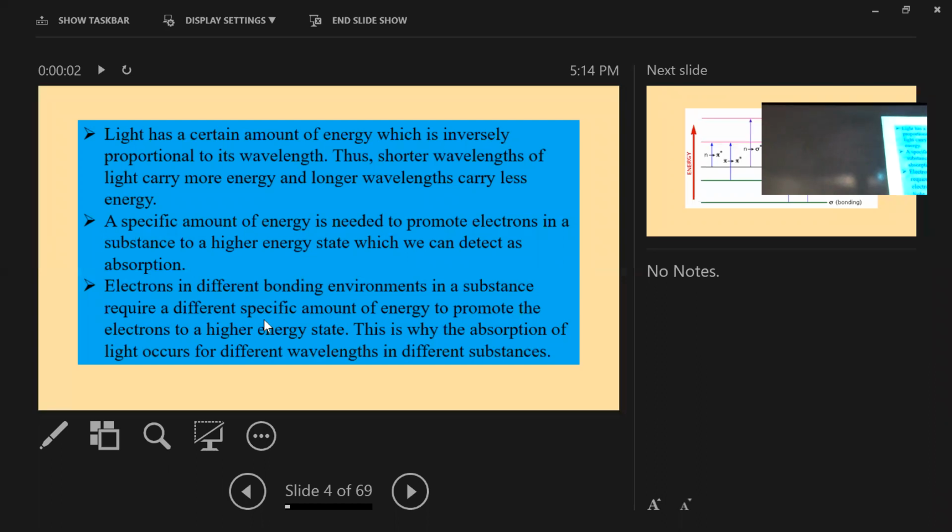An electron can jump from one energy level or orbit to another by gaining a certain amount of energy. The center shell, the first shell, will have the minimum energy.